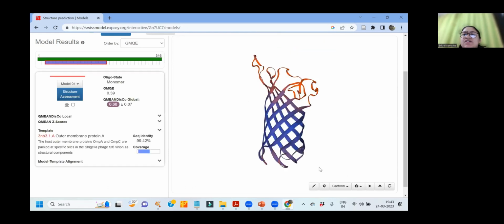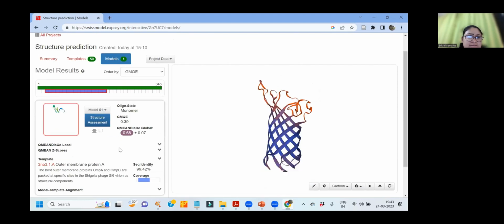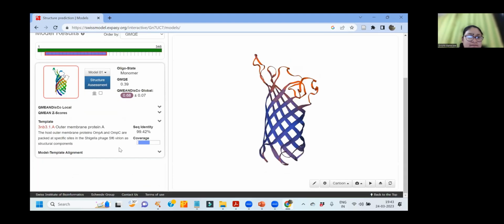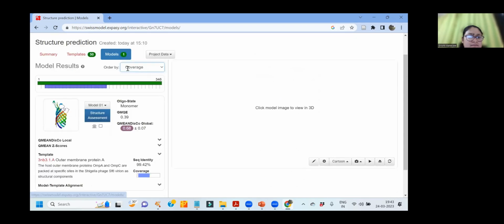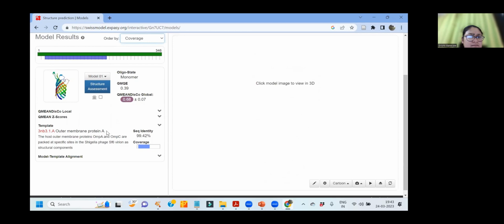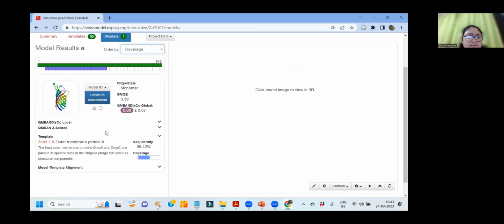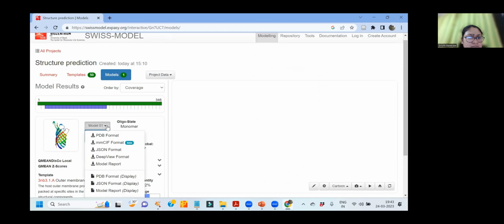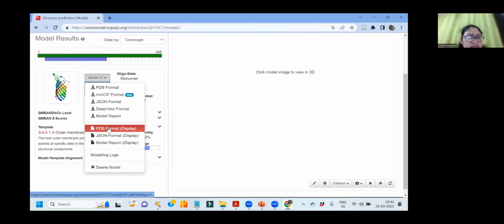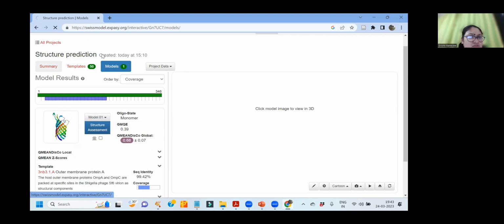So this is your predicted structure. And you can download the structure in PDB format, or let's go to structure prediction.